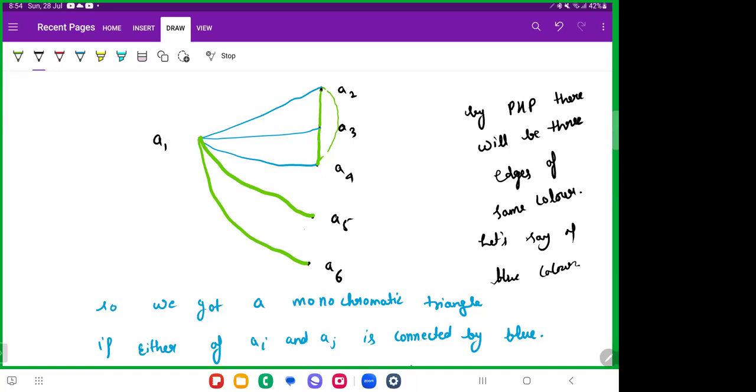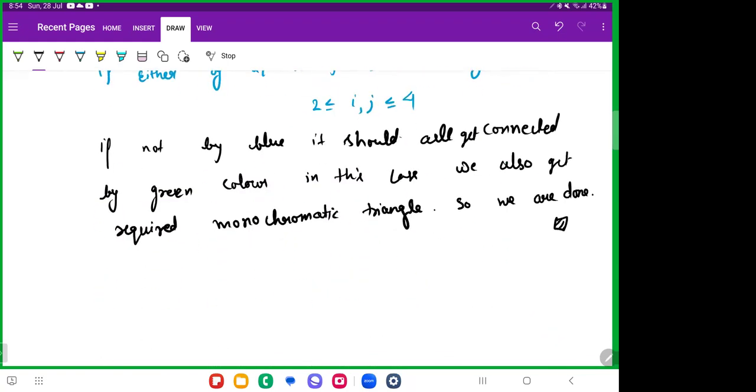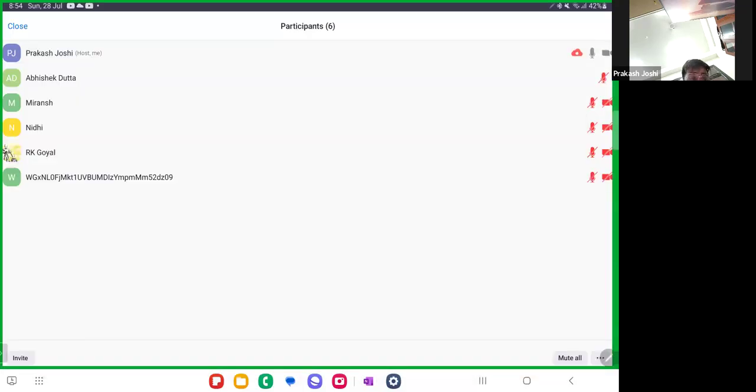If this is connected by blue, we already get a monochromatic triangle. If this is connected by green, we again get a monochromatic triangle. So we are done. Is this clear to everyone? Abhishek, is this clear?